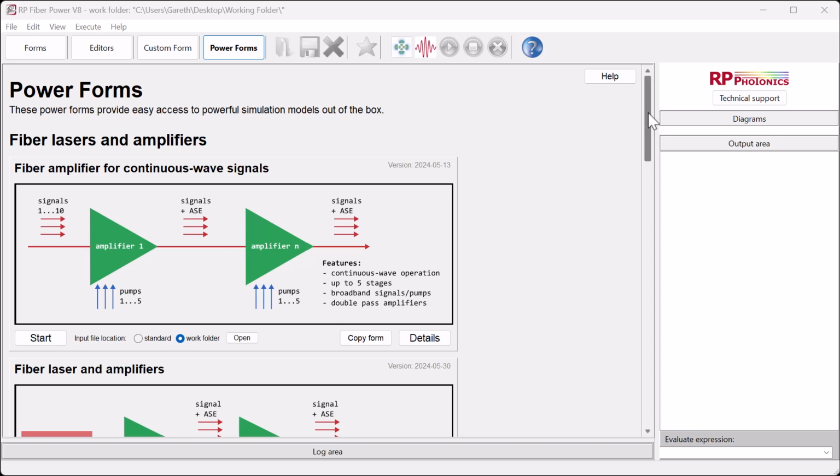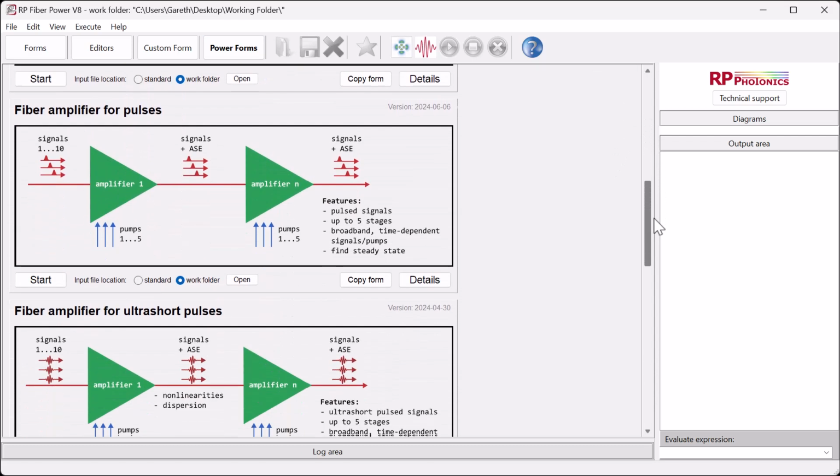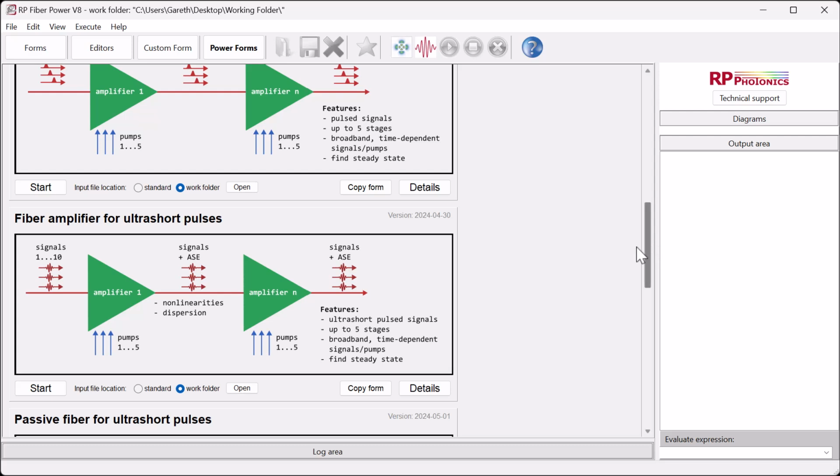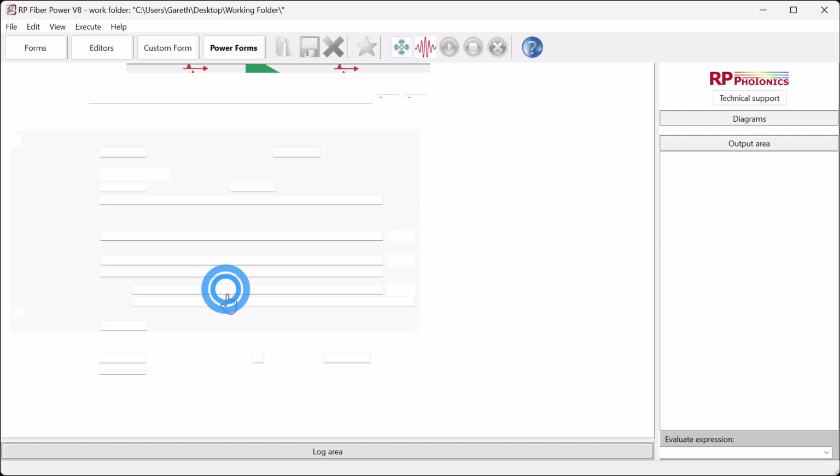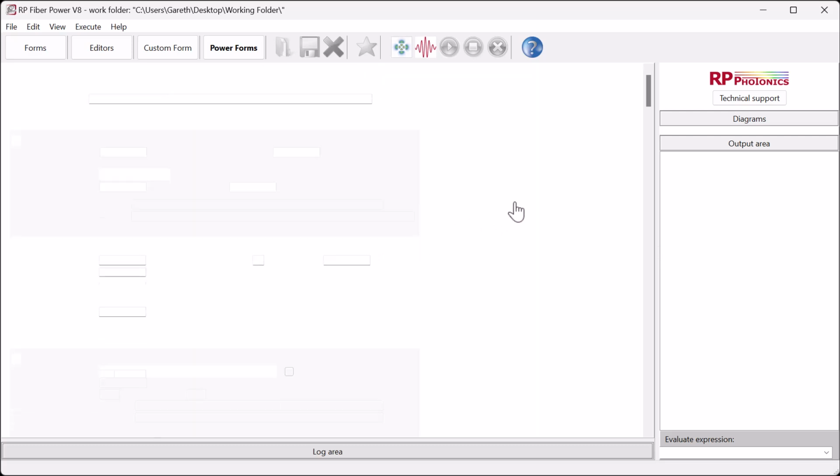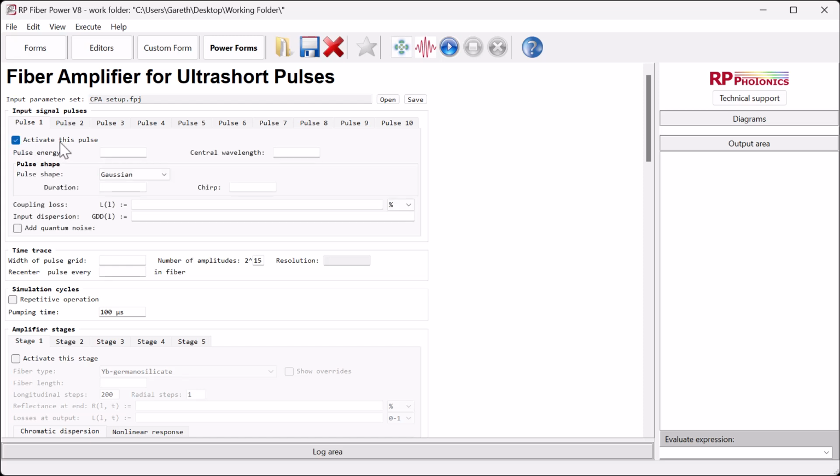For this simulation, we use the power form titled Fiber Amplifier for Ultra-Short Pulses. In the form, we activate the first pulse, set its energy to 50 nanojoules and wavelength to 1030 nanometers as planned. We select a Gaussian temporal pulse shape with a duration of 100 femtoseconds.